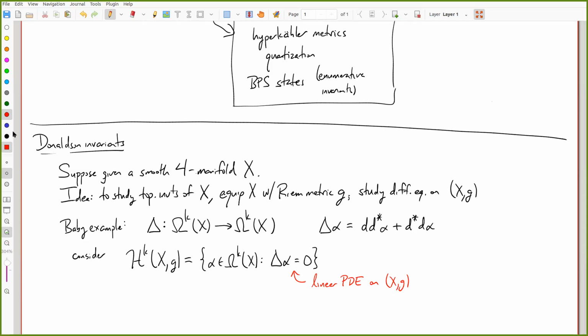Because it's a linear PDE, the space of solutions is a linear space, and that space in detail depends on the Riemannian metric that you took.